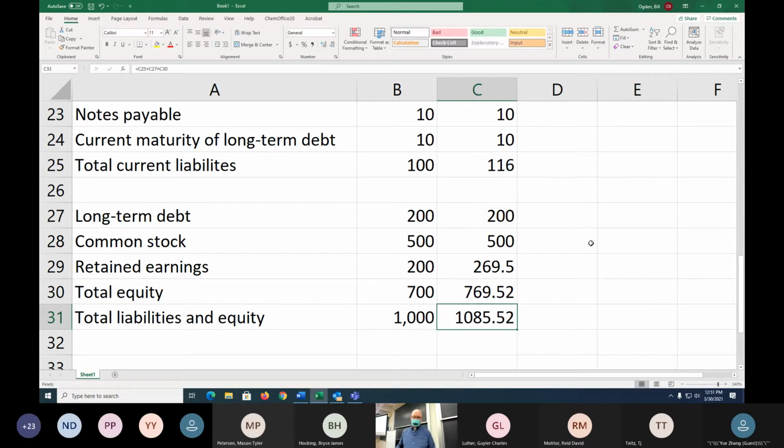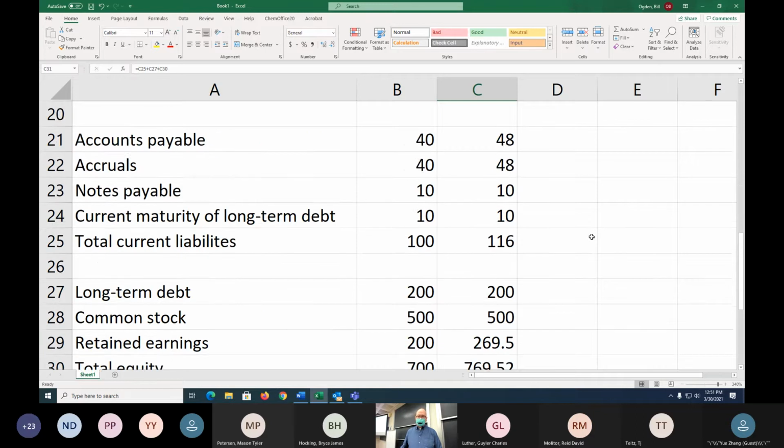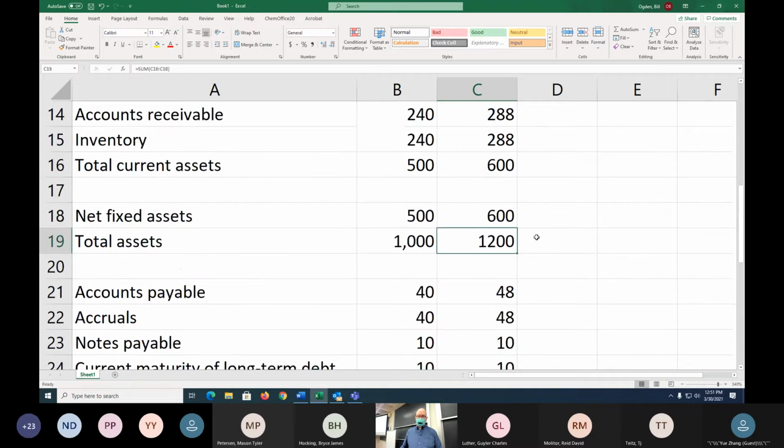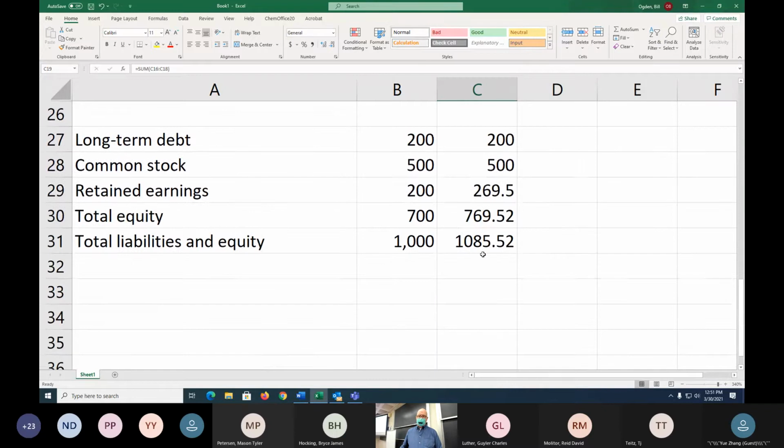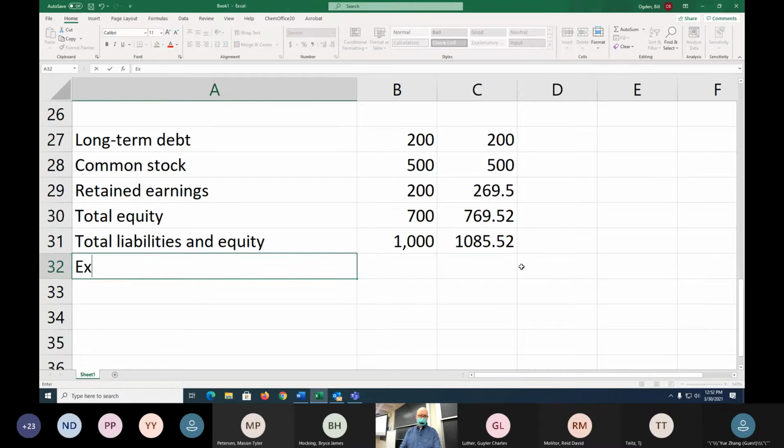So what do I have so far? I have 1,200 in assets. I'm attempting at this point to finance this with 1085.52. That will not work. So how short are we? So here's our external funding requirement. Have to go outside the company.